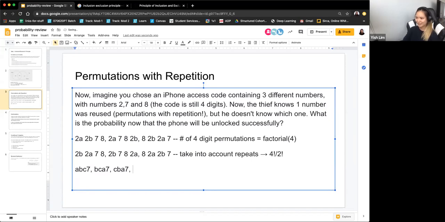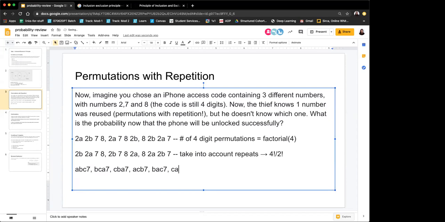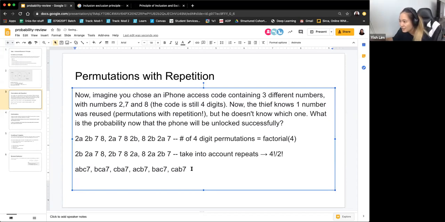Basically, you'll have 6 different orderings: A, C, B, B, A, C, and C, A, B. Each of the letters represents a 2, but you're counting each combination 6 times, which is 3 factorial times. So however many times a digit is repeated, you need to divide your initial 4 factorial by that number factorial. If there were 3 2s, you would divide by 3 factorial. But in this case, there are only 2 2s, so divided by 2 factorial.